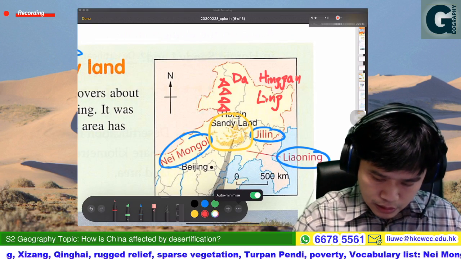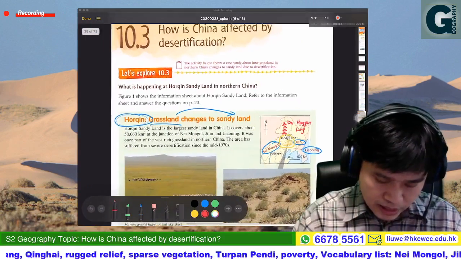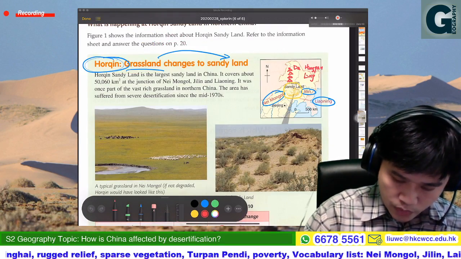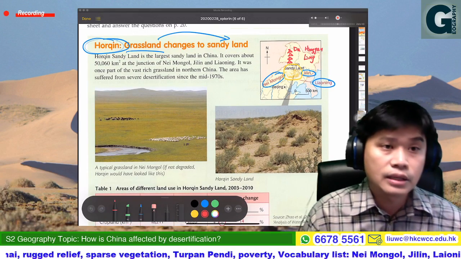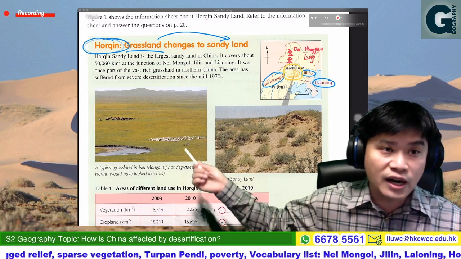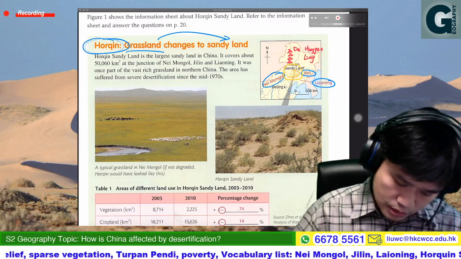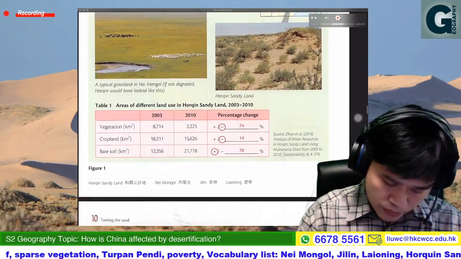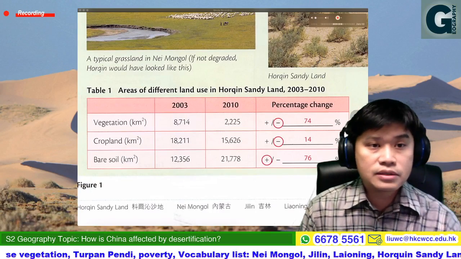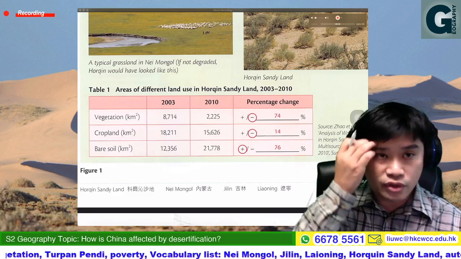In the northeast, for this area, you can see the problem of desertification, where most areas changed from grassland to sandy land. Let's have a look at the changes. In Table 1, you can see the change of the numbers.